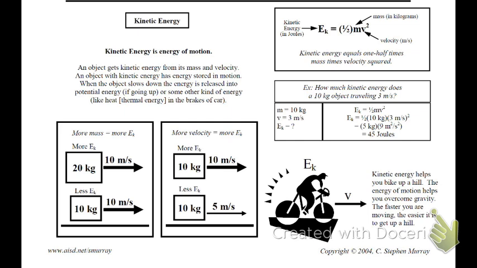The bowling ball will have more kinetic energy. And if you're moving faster, like in baseball, a fast pitch is going to have more kinetic energy than just tossing the ball. Your kinetic energy helps you overcome the force of gravity, and that's how you move. Any questions about these?